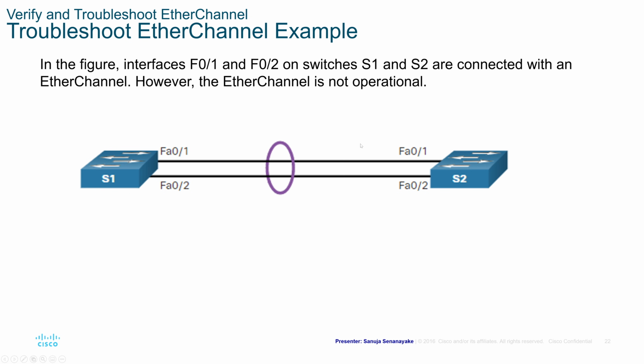Remember this slide, because on the next slide we don't have this diagram, but we will be looking at how we can troubleshoot this scenario. So we have a switch here and a switch here, and they are connected with two links. We are trying to create an EtherChannel between those links. However, it is not operational now. So now we're going to go ahead and troubleshoot it.